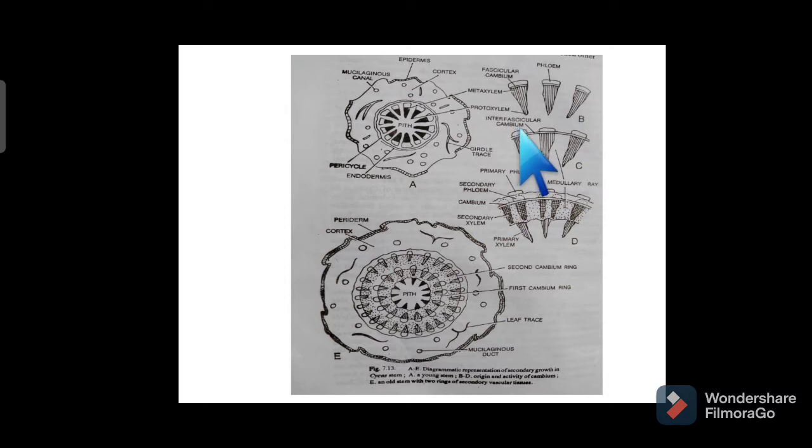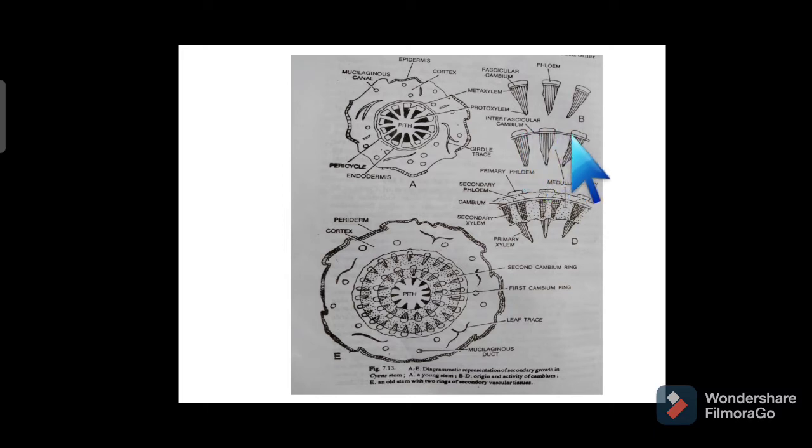So each newly formed cambium strip is called interfascicular cambium, and both this fascicular cambium and the interfascicular cambium, as you can see clearly here, join with each other to form a complete ring of cambium.